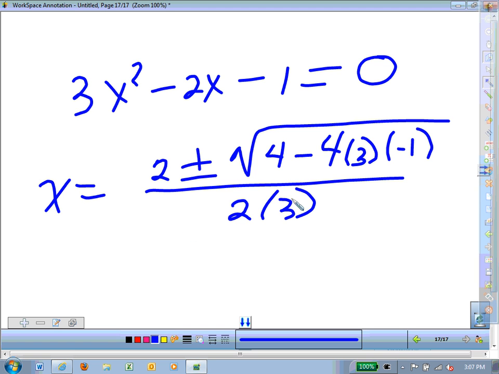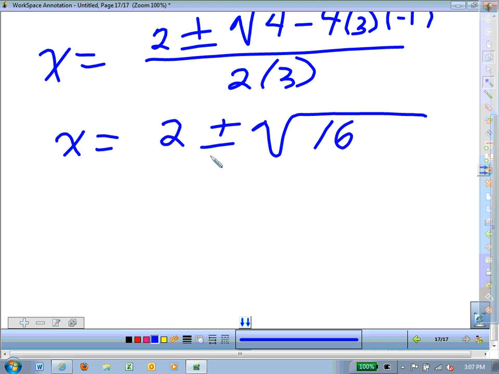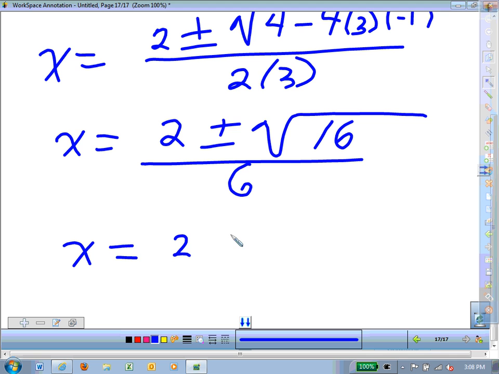Now, it might be nice to write that in a more aesthetic form. 2 plus or minus, this is actually 4 plus, oh, I picked some nice numbers, it looks like, plus 12, so 16. And so 2 plus or minus 4, over 6.